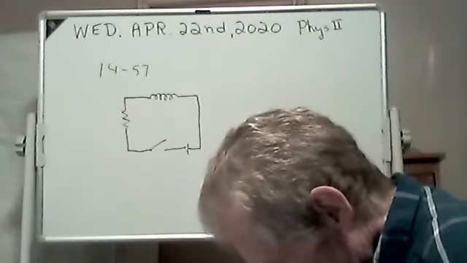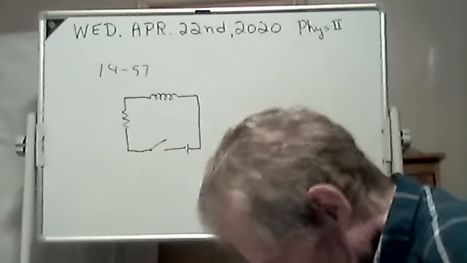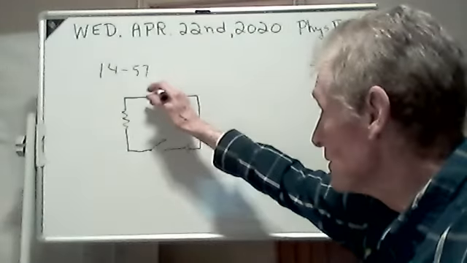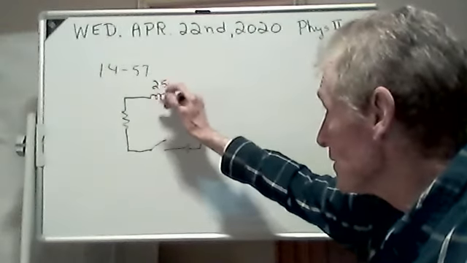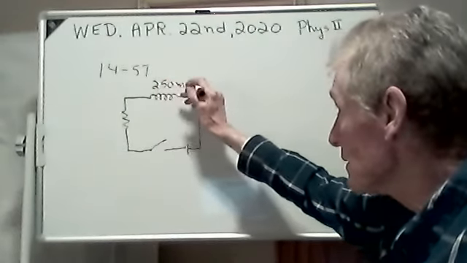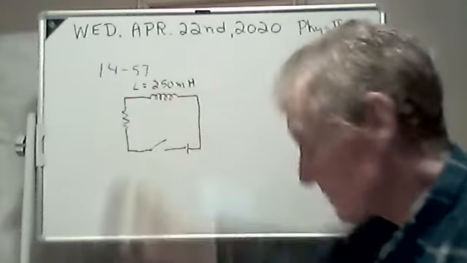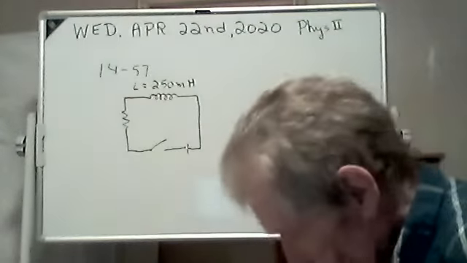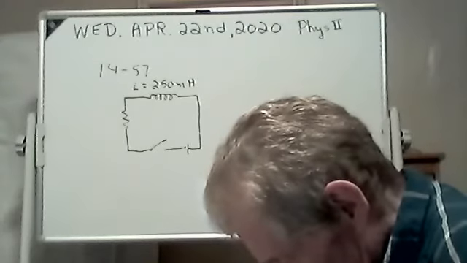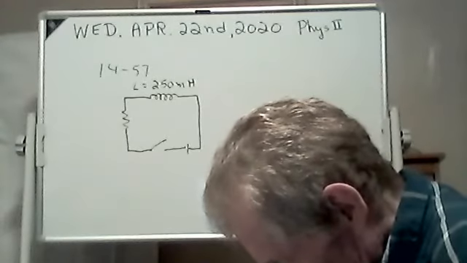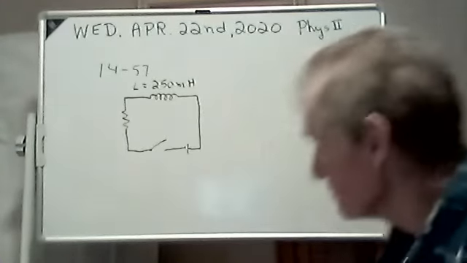What do we know about it? Not a whole lot. We do know this is 250 millihenries. That's the inductance. But we don't know the resistor. And we don't know the battery either.